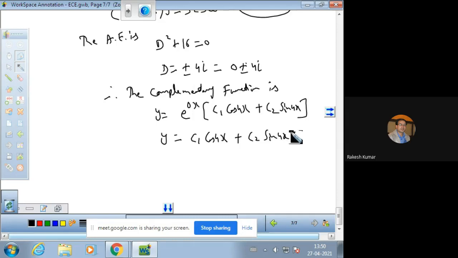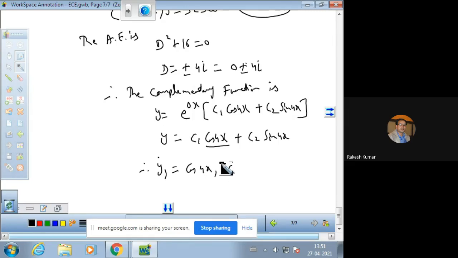Now this is important because we are going to use the method of variation of parameters, and for the method of variation of parameters we need y1. So therefore we can write down y1. Y1 is actually the coefficient of c1. This is cos of 4x.